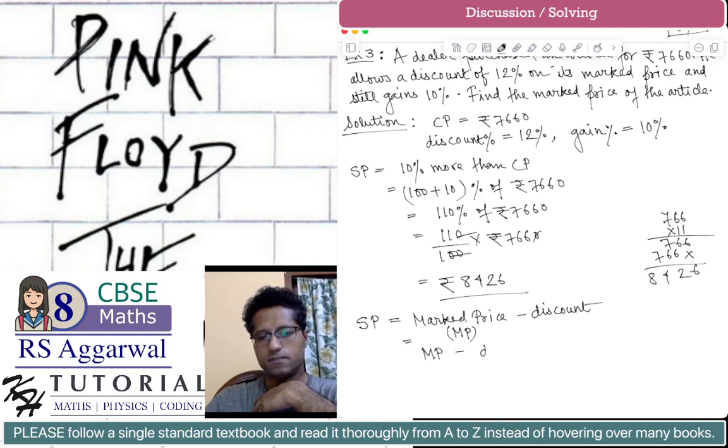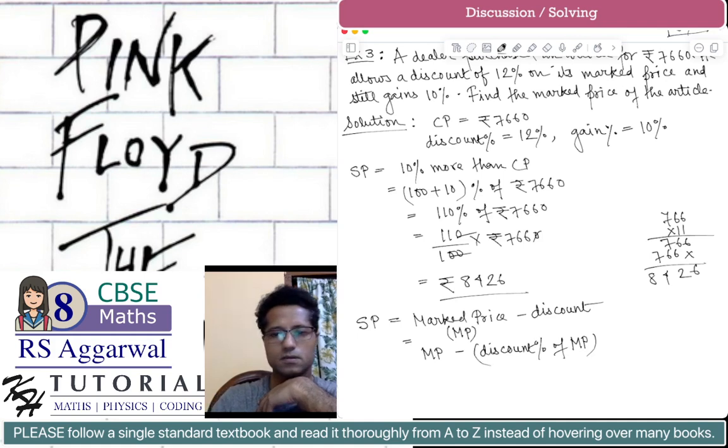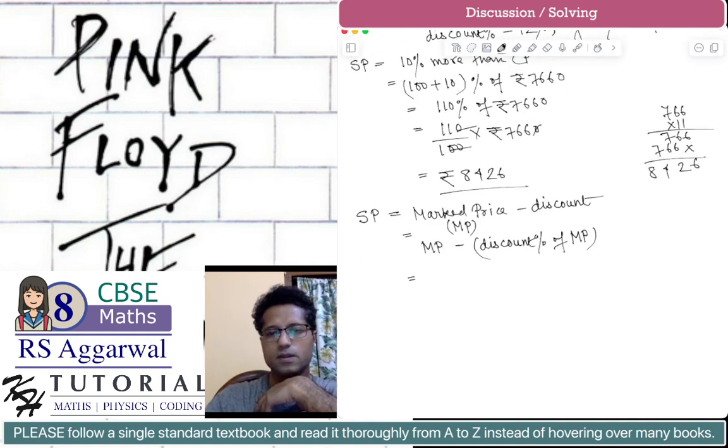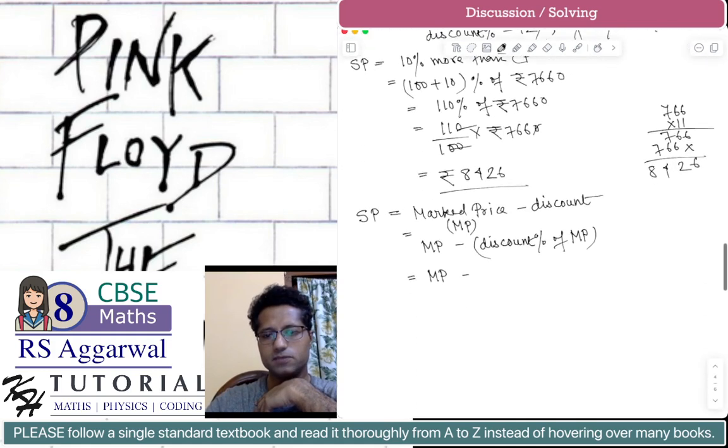Discount will be the discount percentage of the marked price, which is equal to MP minus 12% of MP, since the discount percent is given to be 12%.